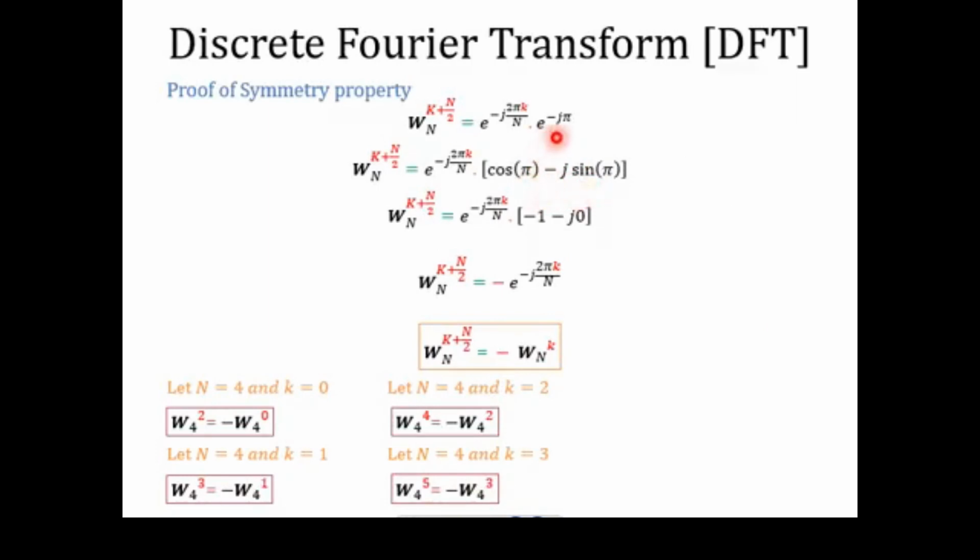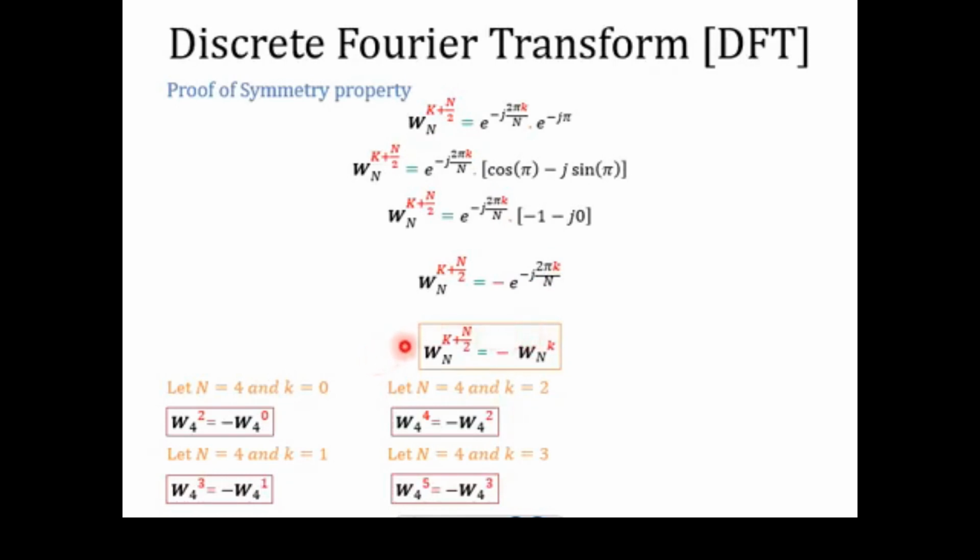So this exponential minus j pi can simply be replaced by -1, which will be multiplied with exponential minus j 2 pi k over capital N. Now we are going to write this complex function exponential minus j 2 pi over N in the compact notation, which is the Wn notation. So exponential minus j 2 pi over N will be simply replaced by Wn, while this k will appear in the superscript of this Wn notation.